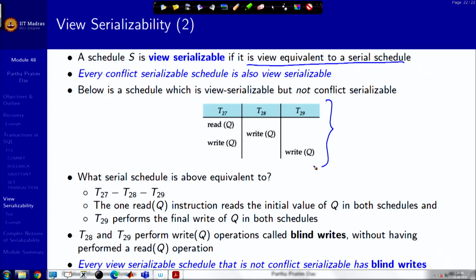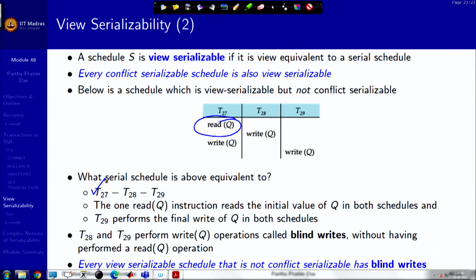So, this is not conflict serializable, but what in terms of view serializability? There is only one read, T27. So, any schedule that starts with T27 matches the initial read condition. So, T27 has to be the first.